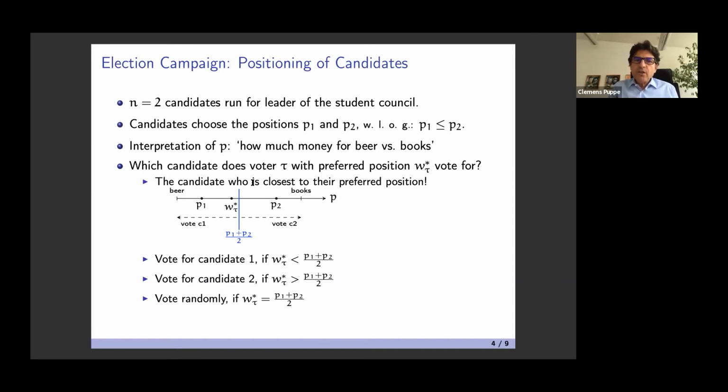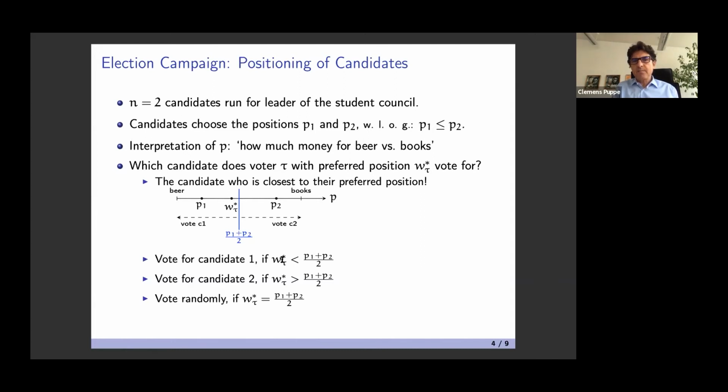You simply take the midpoint between the two positions, this blue line here, is the midpoint of the two positions. Every voter to the left will vote for candidate 1. Every voter to the right will vote for candidate 2, because that determines which is the closer candidate. So every voter on this side here will vote for P2. Every voter on this side will vote for candidate 1.